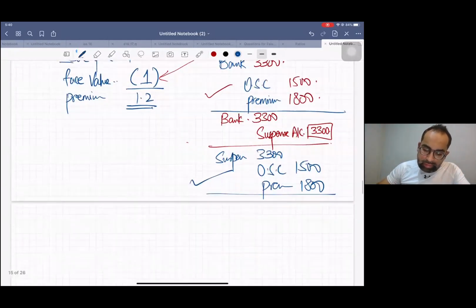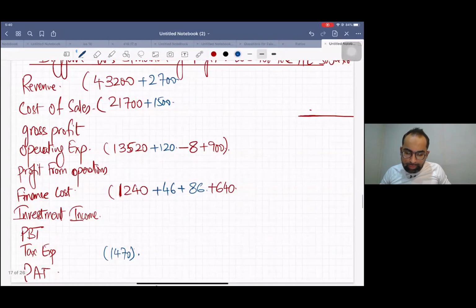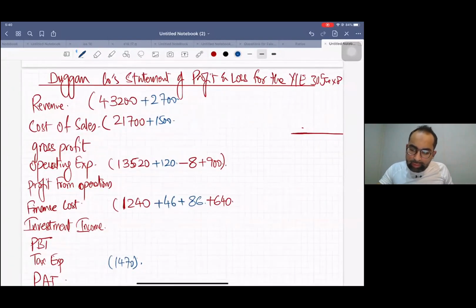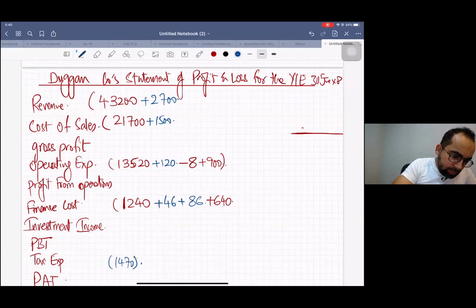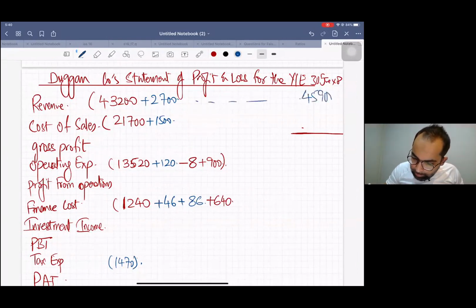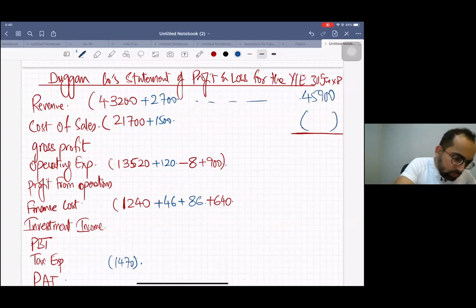Now we have already posted everything. Let's all calculate the income statement. 43,200 plus 2,700 is 45,900. Then cost of sales: 21,700 plus 1,500 is 23,200.